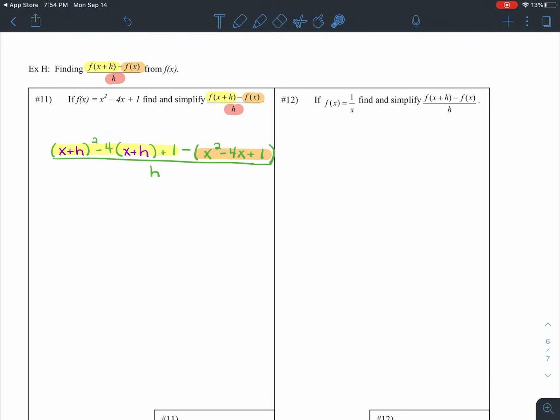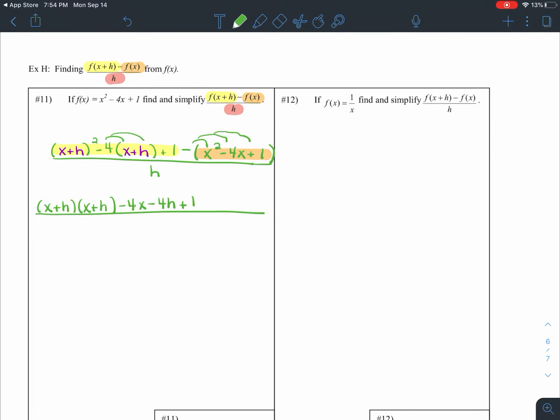Okay, so if we have any exponents, and you need to be very careful here, you're not allowed to distribute this exponent and make this x squared plus h squared. If you have addition or subtraction in the quantity, you actually have no choice but to write the x plus h down twice on your paper, and in the next step, we'll FOIL that together.